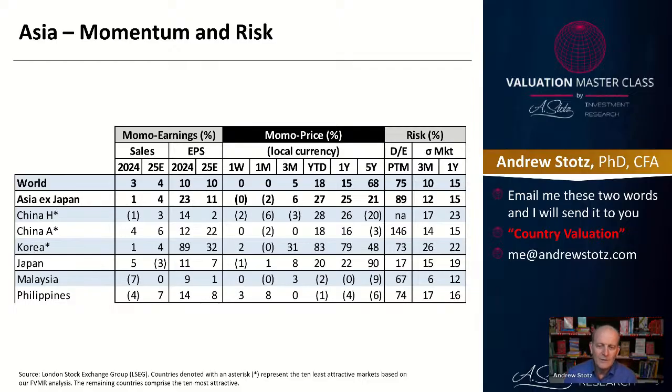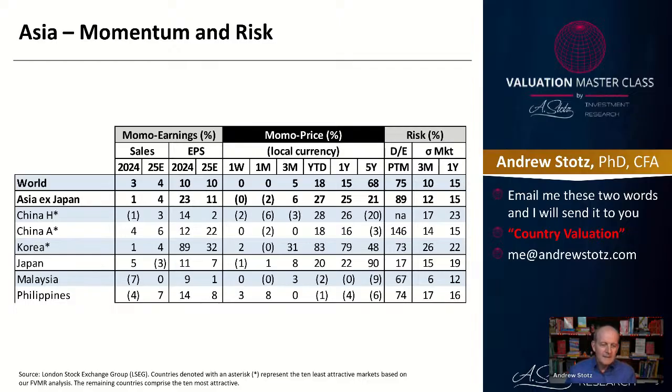So now we're going to look at momentum in earnings and momentum in price and then risk. So let's see what's happening. EPS growth: momentum in EPS in 2025 is growing at 10% across the world, 11% in Asia ex-Japan, and then 7% in Japan. The countries that are growing the fastest right now for EPS are China and Korea.